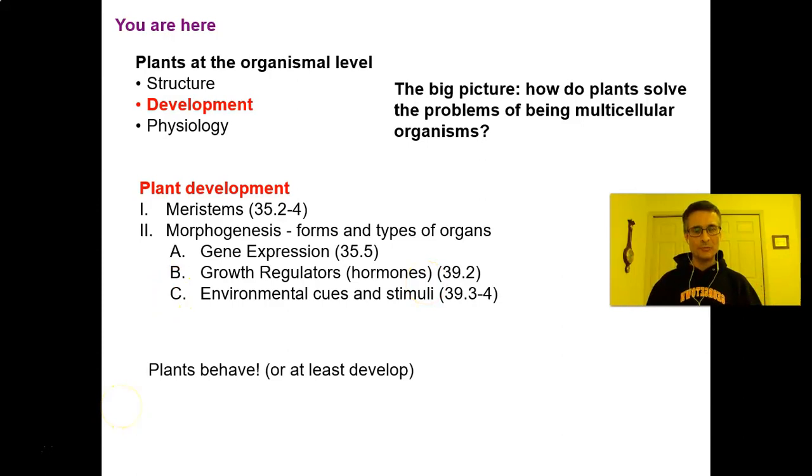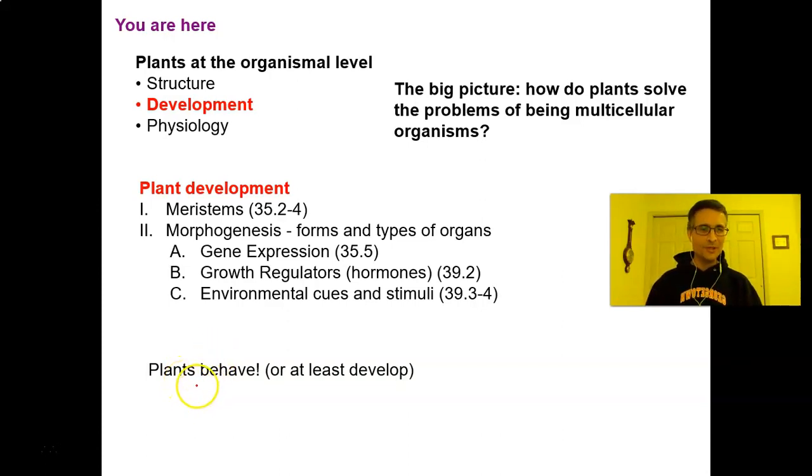The big picture, remember, is that plants need to solve problems. And so what I'm going to argue is that plants behave. And I'm in great company with this. The great Sir David Attenborough once started an entire book on plants with the sentence, "Plants behave."